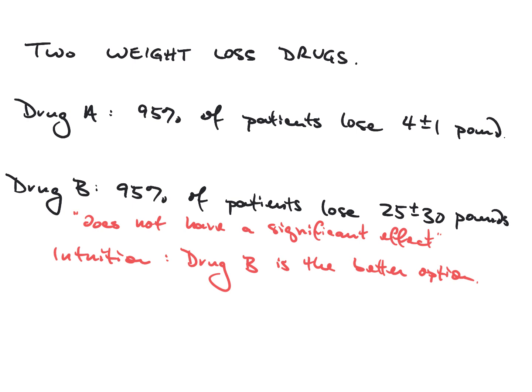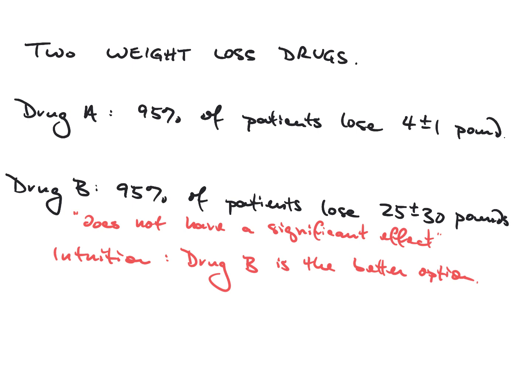And so the mentality of thinking about whether it has a significant effect would lead you to choose drug A over drug B, right? Drug A is proven to cause weight loss in over 95% of patients. Drug B does not cause weight loss in 95% of patients. An interesting thing is that the Food and Drug Administration, the FDA, and all of its equivalent agencies around the world are obsessed with statistical significance.